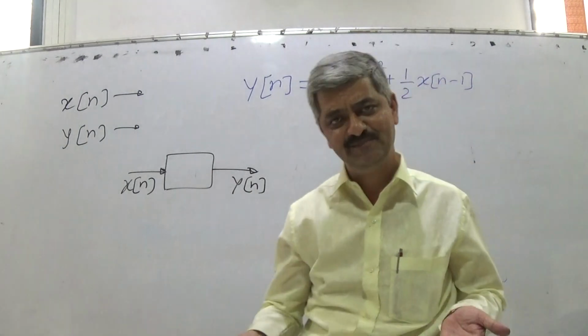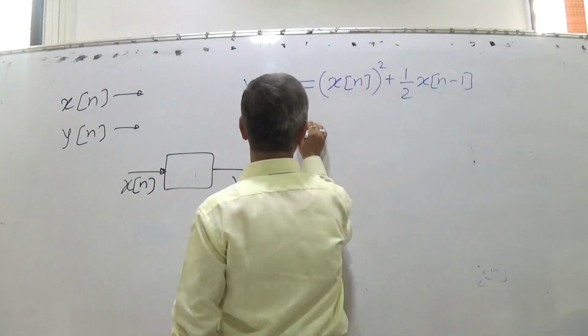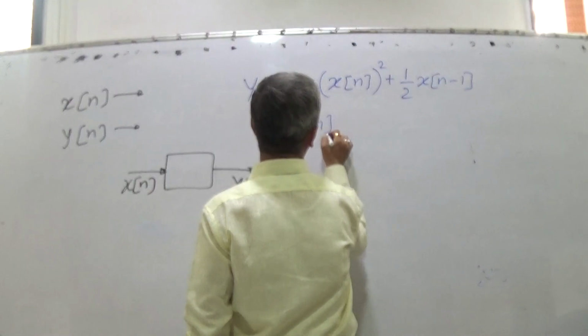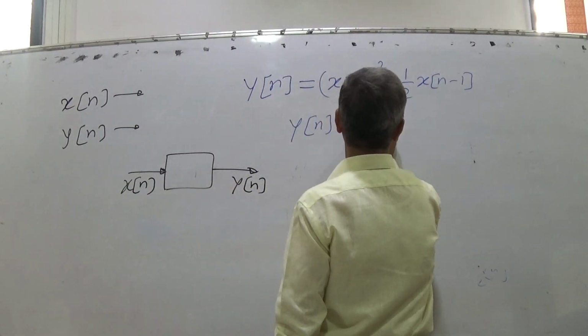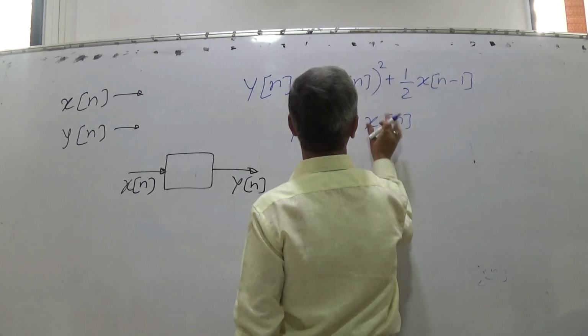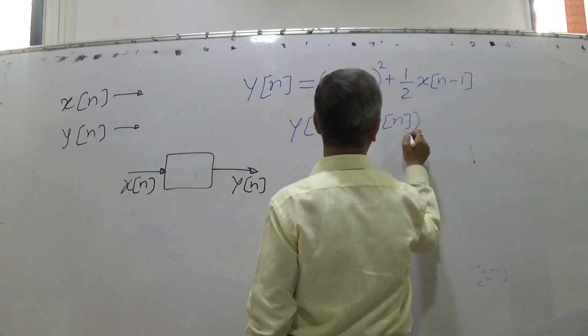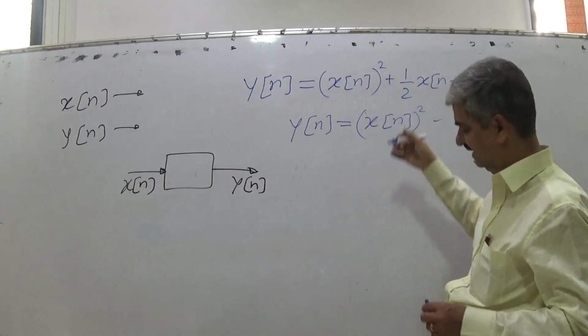This can be a system. Or, to start with, we can simply have y[n] equal to root x[n], or simply x[n] squared only. Either of these is simpler to take as an example.